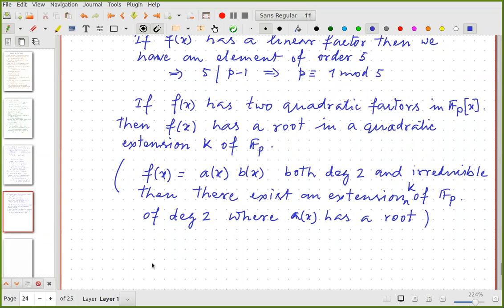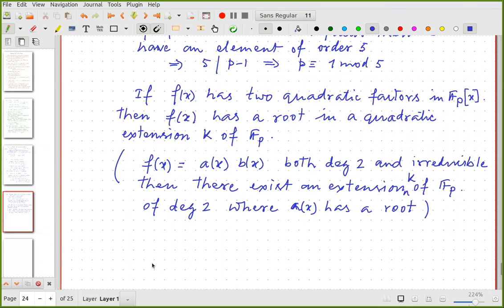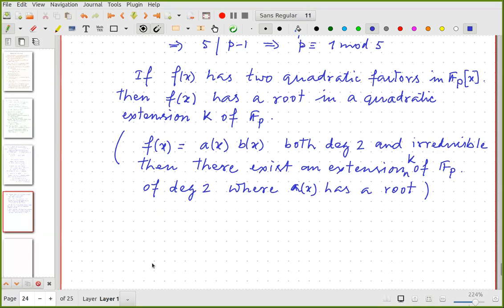So yeah, it comes with a bit of an assumption. So with that assumption, just assume that there is a field extension where you have roots, and if you have a degree 2 irreducible polynomial, then there would be a root in a degree 2 extension. So we have an extension K of Fp, which is of degree 2, where it has a root.